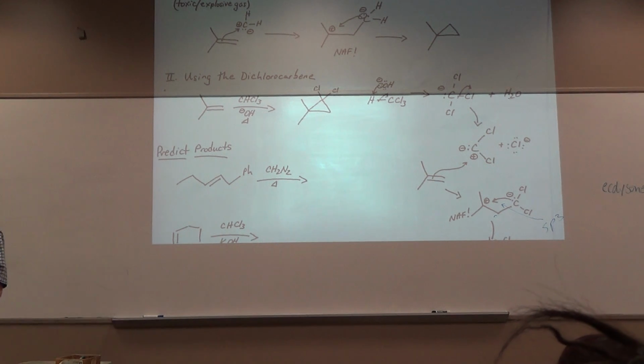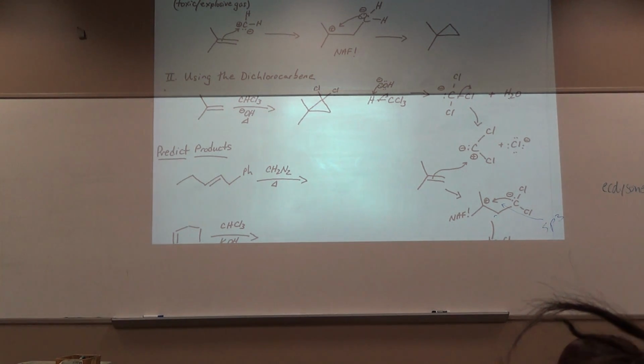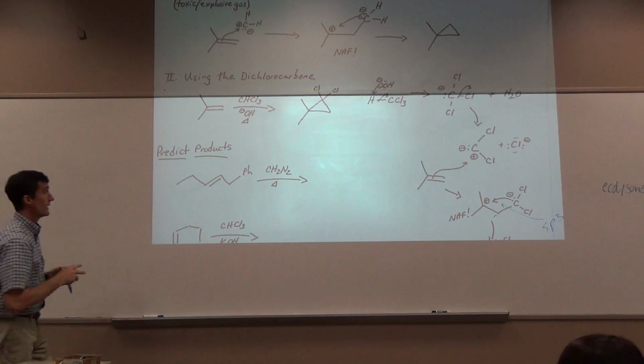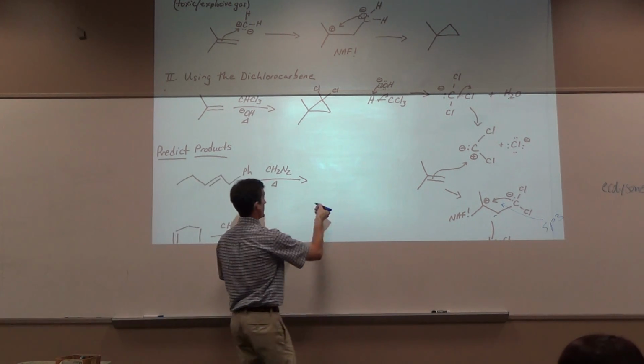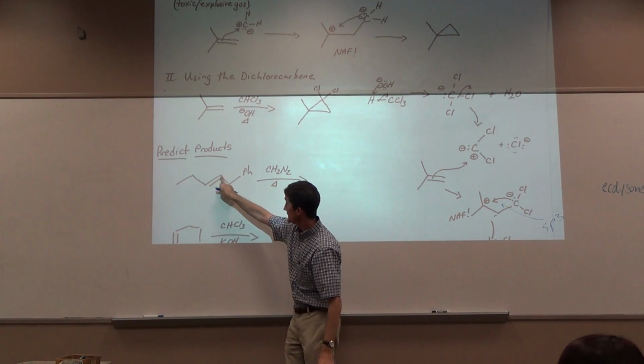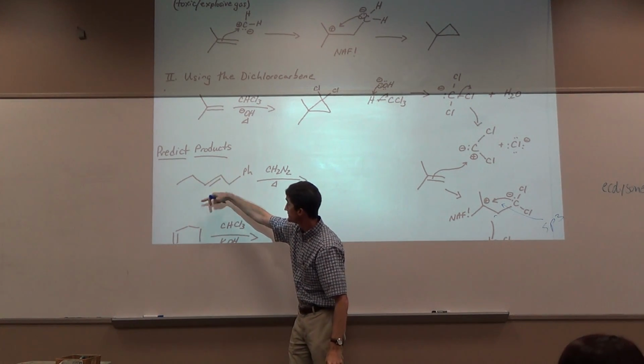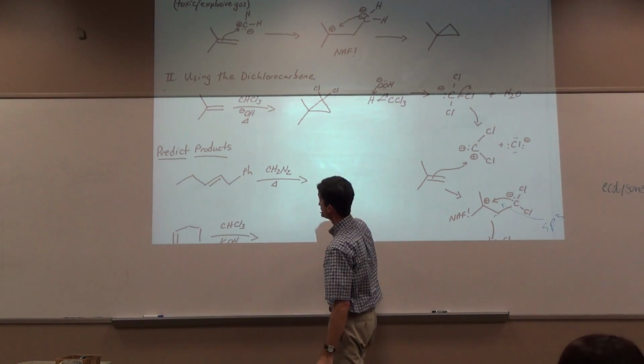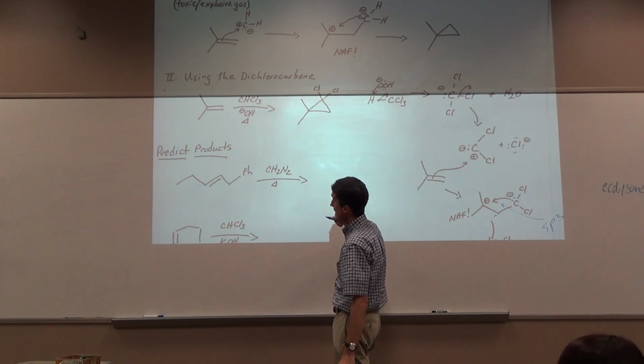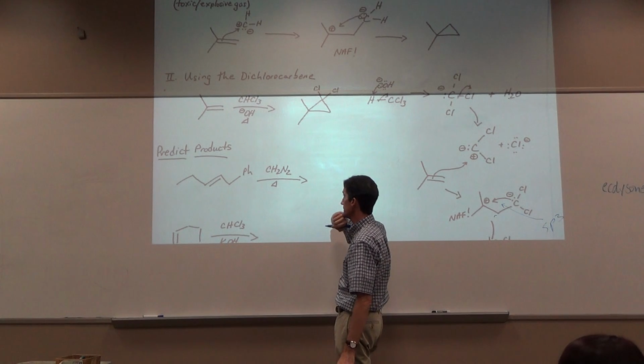What I'm getting at is your thought process. You probably want to think carbene, show that on your scratch paper. Here, predict the product. Predict the product is, what are we going to turn this into, basically? Cyclopropane. Okay. We're going to have to do stereochemistry here. Why?